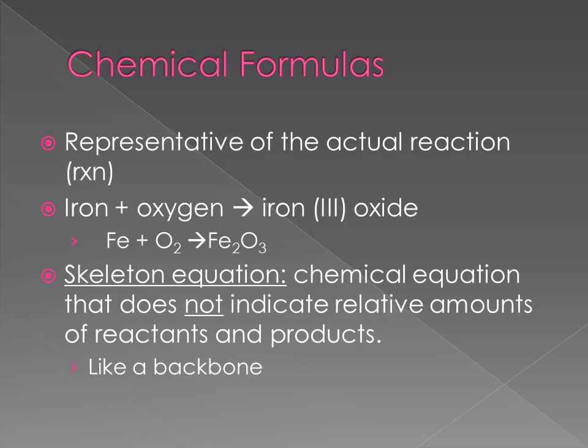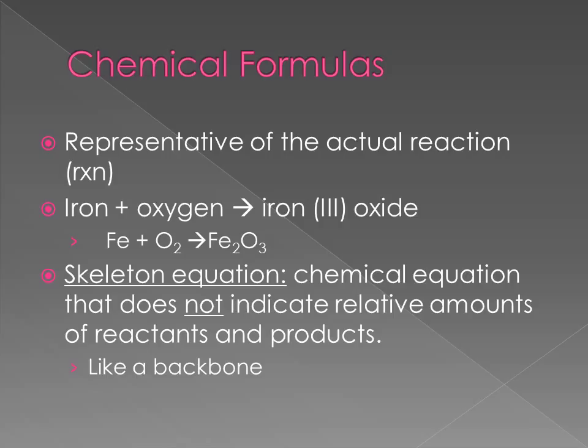And what this is an example of, this formula or this equation that I just read, is an example of a skeleton equation. And a skeleton equation is a chemical equation that does not indicate the relative amounts of reactants and products. So this pretty much just says it's going to show you what is involved, but not how much.